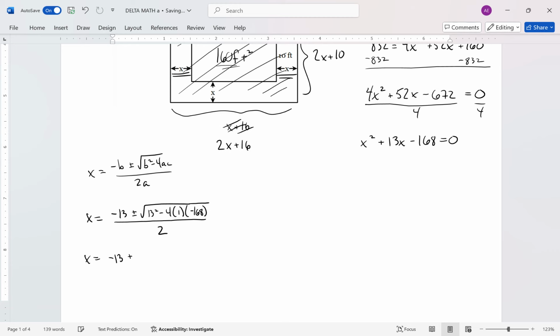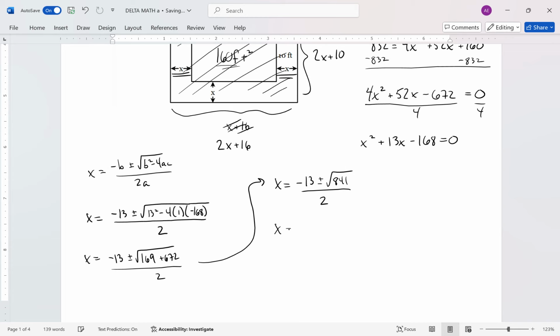Negative 13 plus or minus the square root of 169 plus 672, all over 2. So we get x equals negative 13 plus or minus the square root of 841, divided by 2. That's going to be 29.